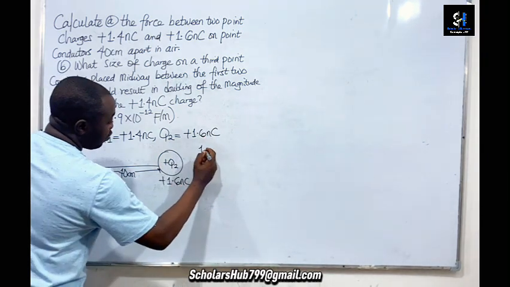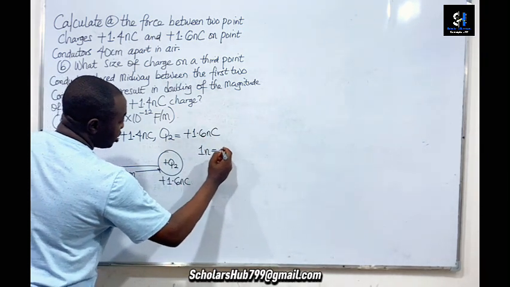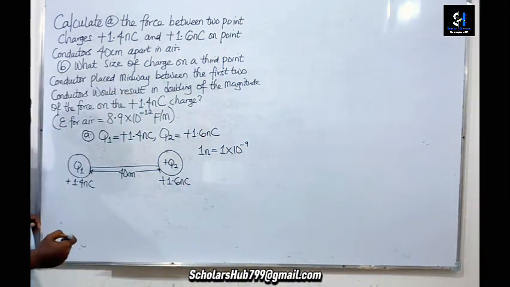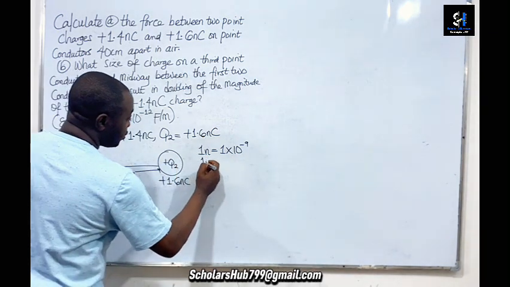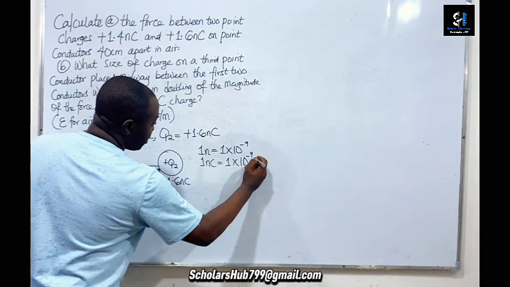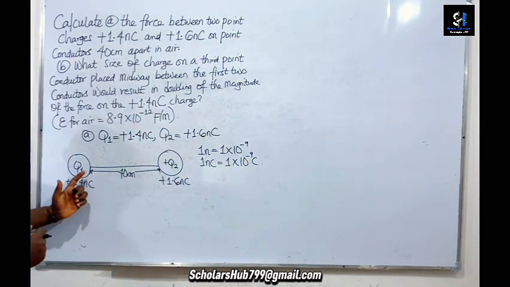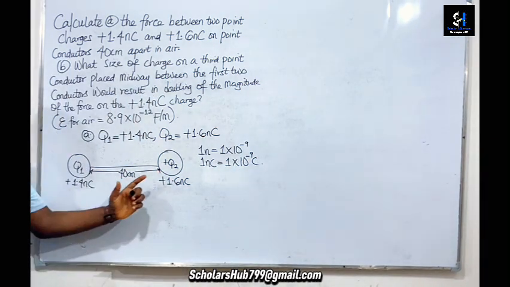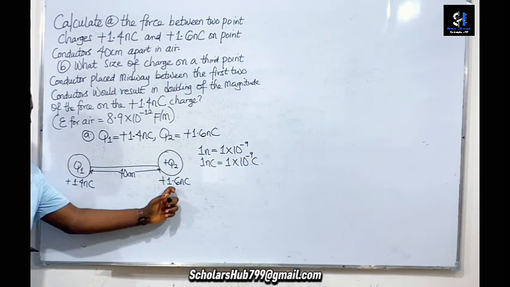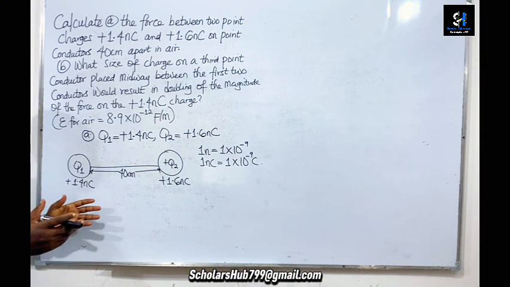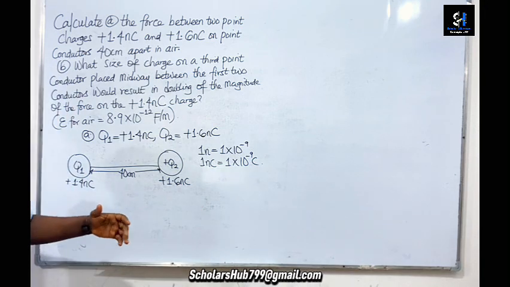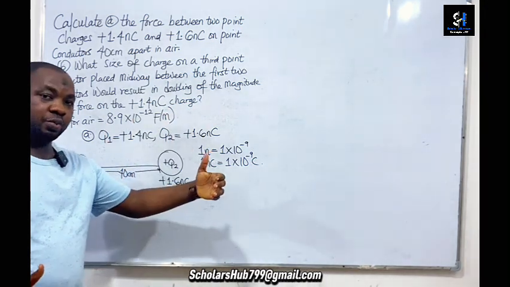Now let's not forget that 1 nano is equal to 1 times 10 to the power of minus 9, so 1 nanocoulomb is 1 times 10 to the power of minus 9 coulombs. These two charges are separated at a distance of 40 centimeters apart, in a homogeneous and isotropic medium.